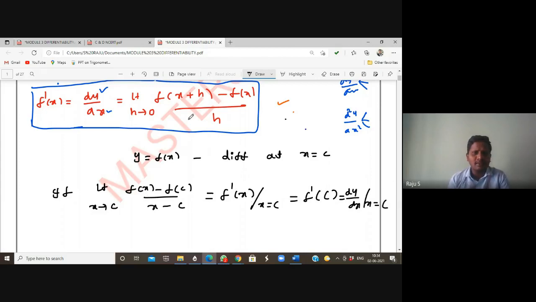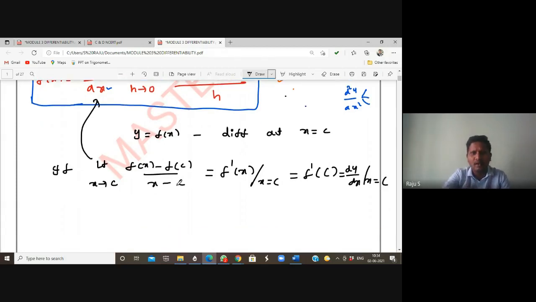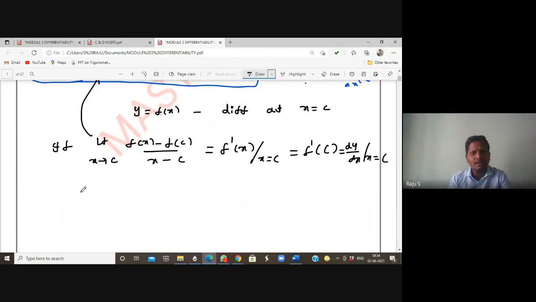In another way, the same formula we'll write like this. This is in terms of h, and this is in terms of x. What is the left hand derivative and right hand derivative? Left hand derivative means limit x tends to c minus of (f of x minus f of c) by (x minus c).